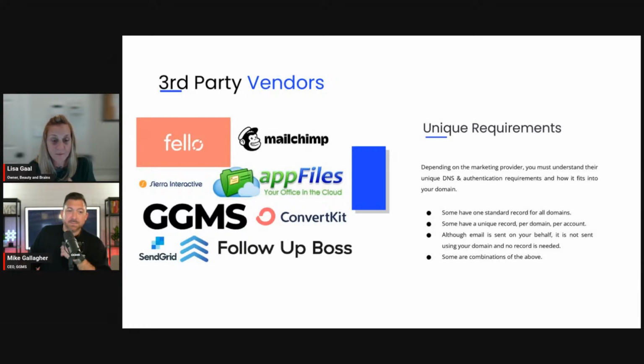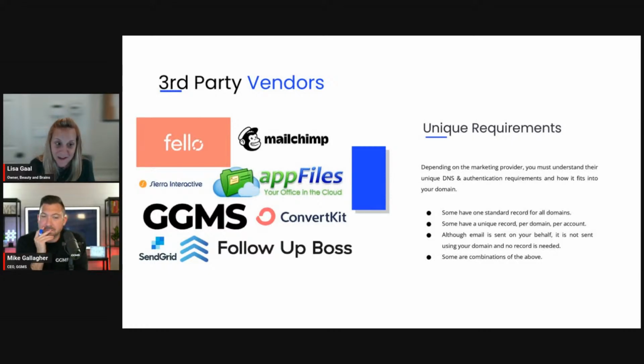So those records are unique to them. GMS doesn't have any records because they don't need them. App files is an old kind of transaction filing system that some larger brokerages use.